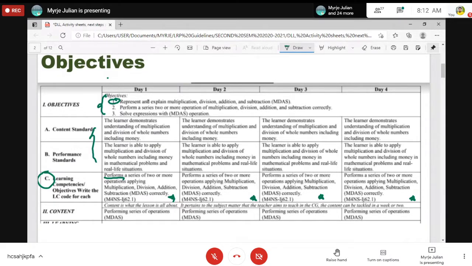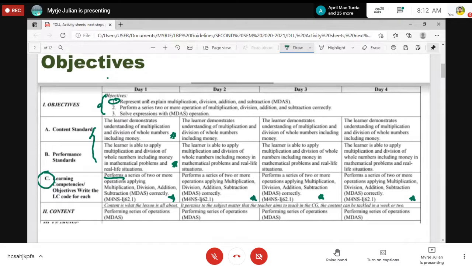Now, what is the importance of the content standard and performance standard, aside from just copying and pasting it? Actually, for this whole quarter of our grade 4 mathematics, this is the content standard. In order for us to achieve this content standard, the pupil must manifest the performance standard.